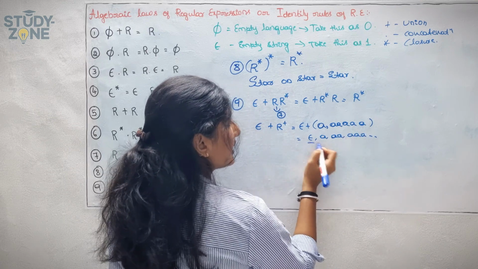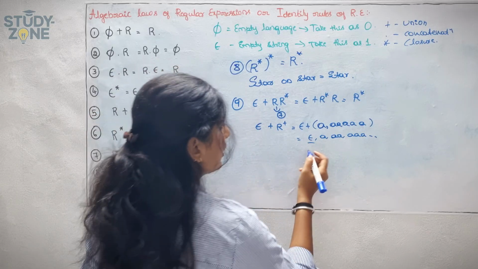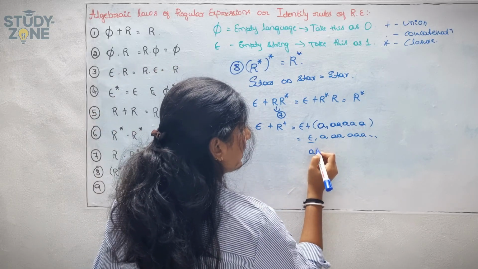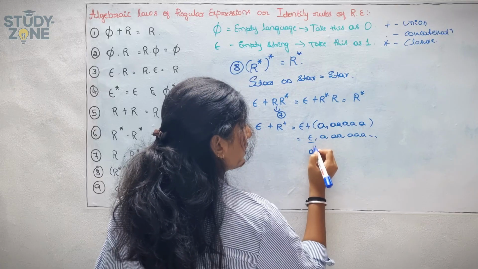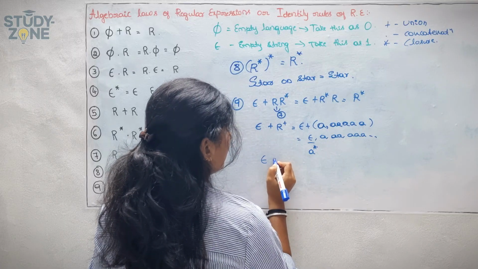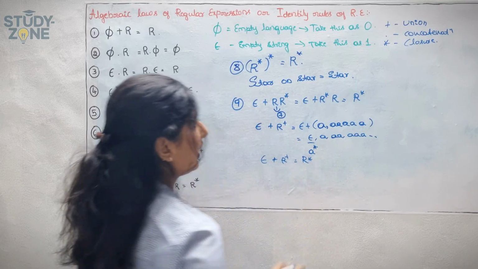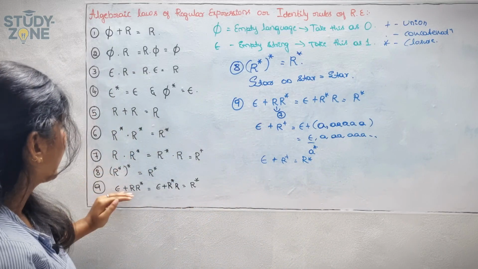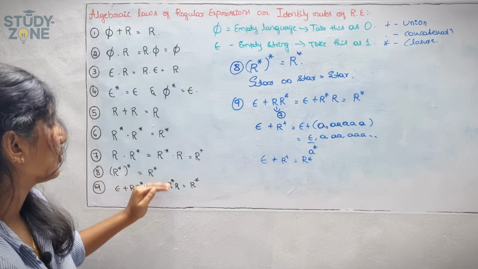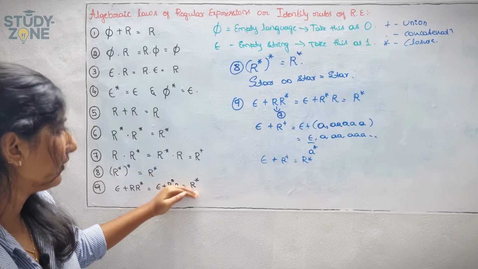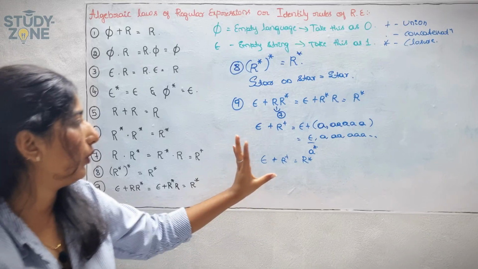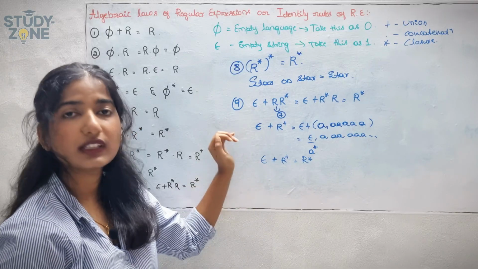So this is 0 or more occurrence of a string. So this will become R star, right? So epsilon plus R plus will be equal to R star only. So epsilon plus R into R star equals epsilon plus R star into R, which will be equal to R star only. This is the explanation for the 9th law.